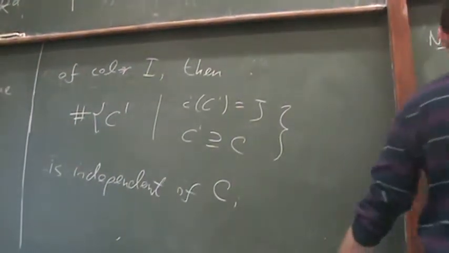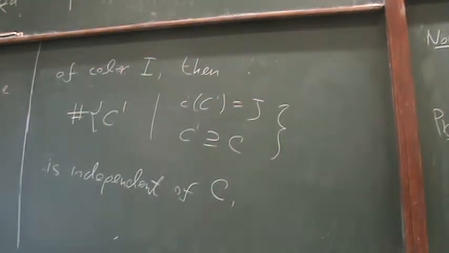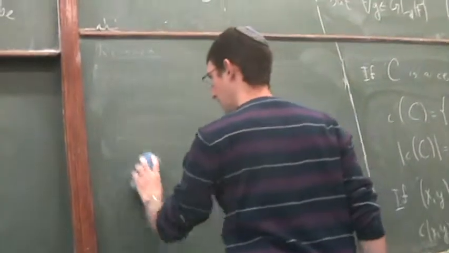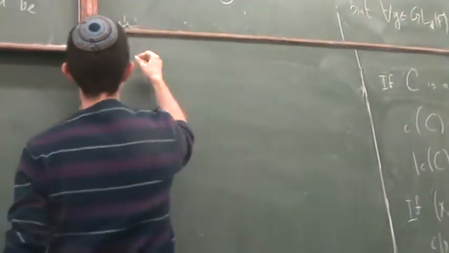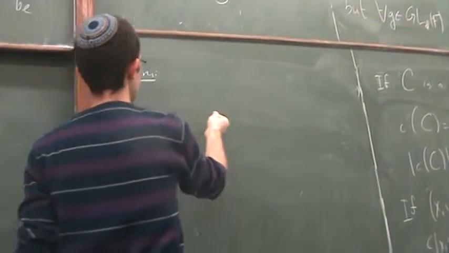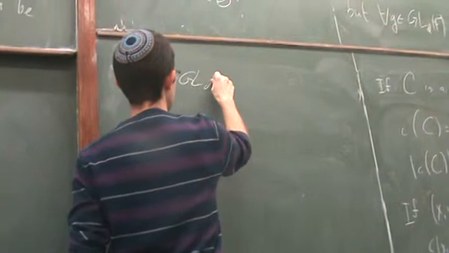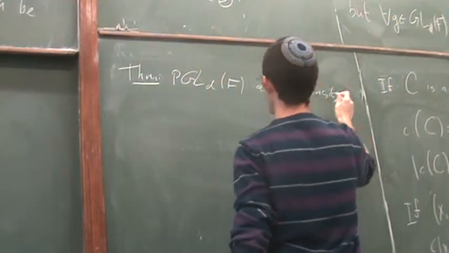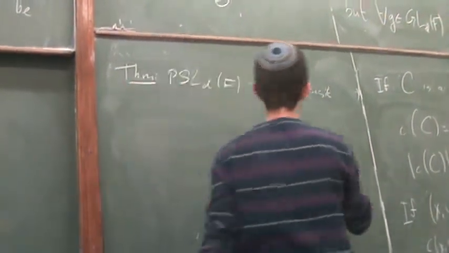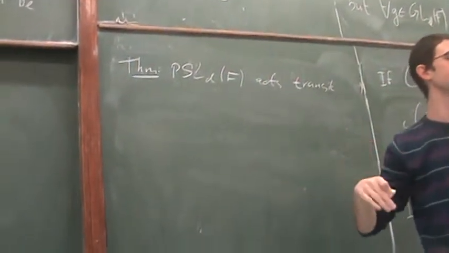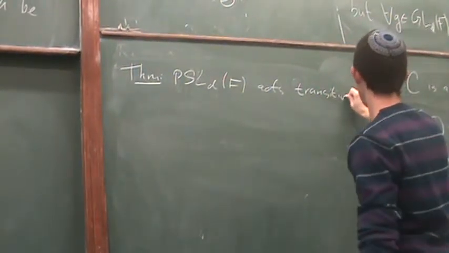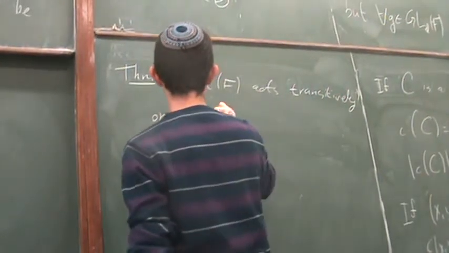Almost. So the way to show this is to show the following theorem: PGL_d(F) acts transitively, actually PSL_d, namely those matrices of determinant 1 modulo the center, the elements in F star, acts transitively on (d-1)-cells.